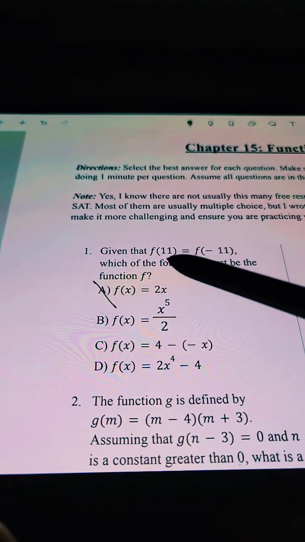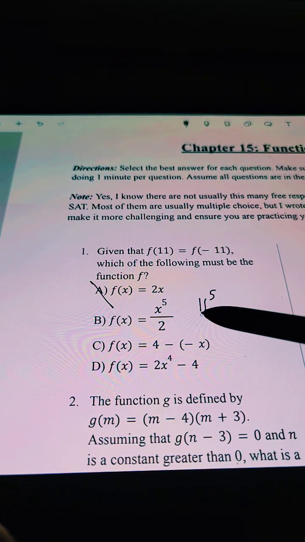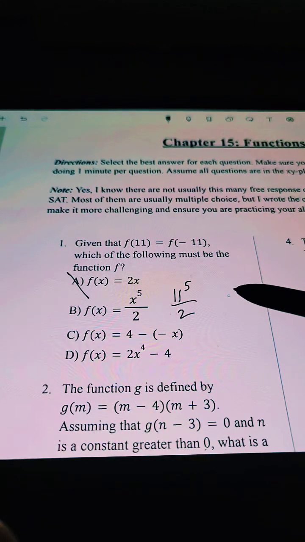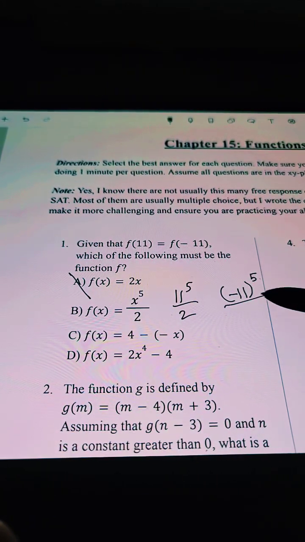So then let's try it here. If we plug in 11 up here, you're going to get 11 to the 5th over 2. But if you plug in negative 11 for x over here, you're going to get negative 11 to the 5th over 2.